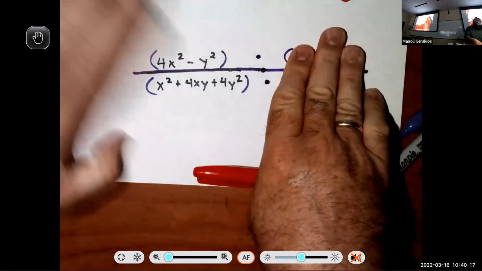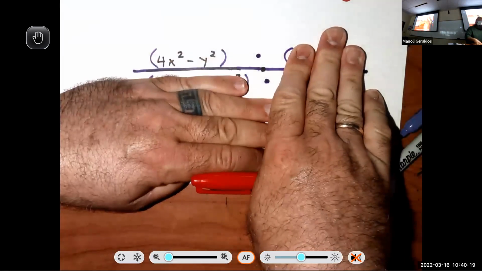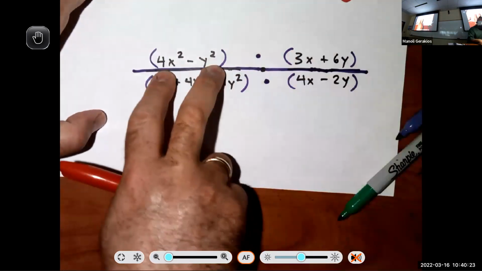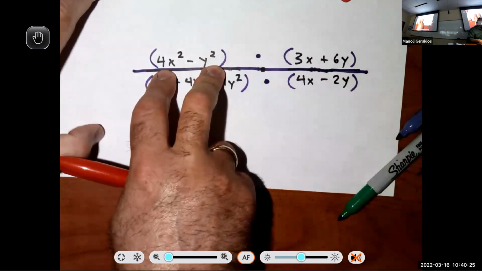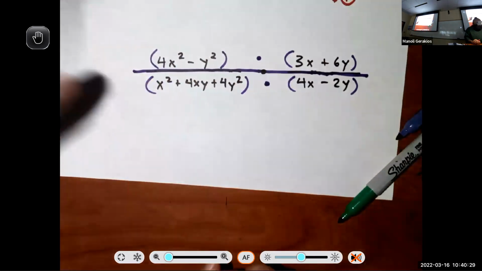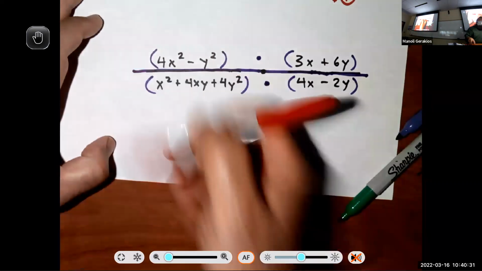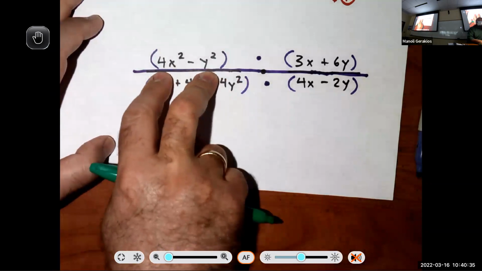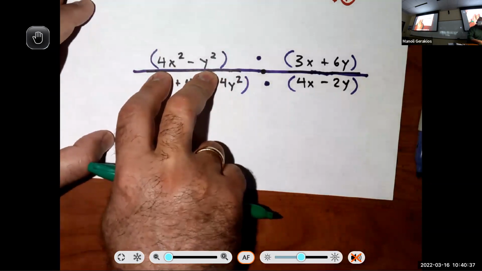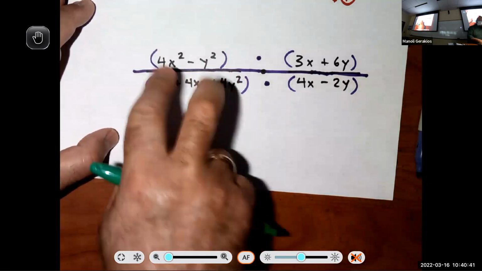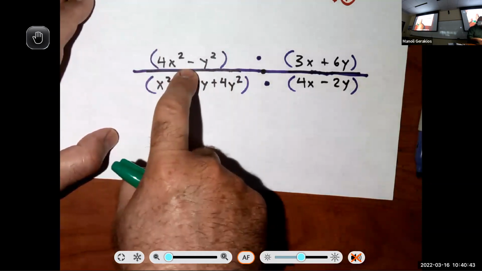You can mentally block off the ones. I won't do the paper thing for the sake of time. I'm mentally just focusing on one of them, any one that you want. So what do I see here? I don't see a GCF. But it looks like a difference of perfect squares. 4x squared is a perfect square, y squared is a perfect square, and it's a binomial with subtraction.